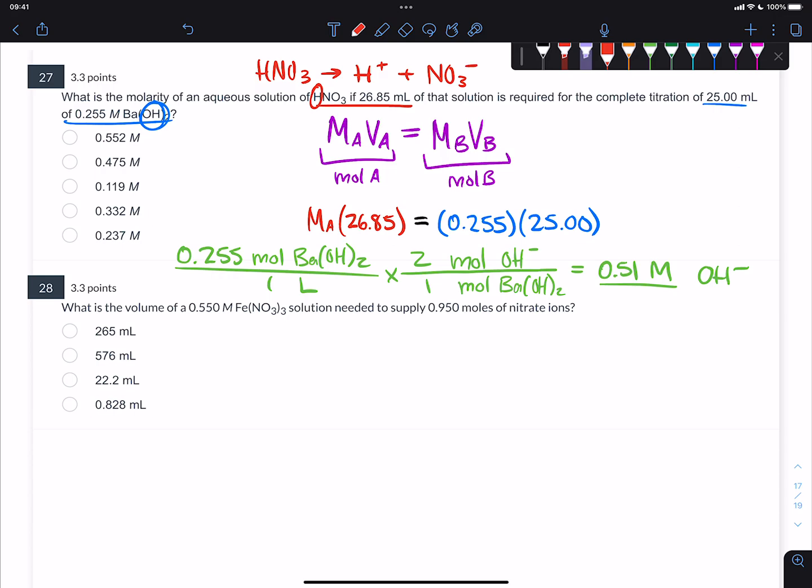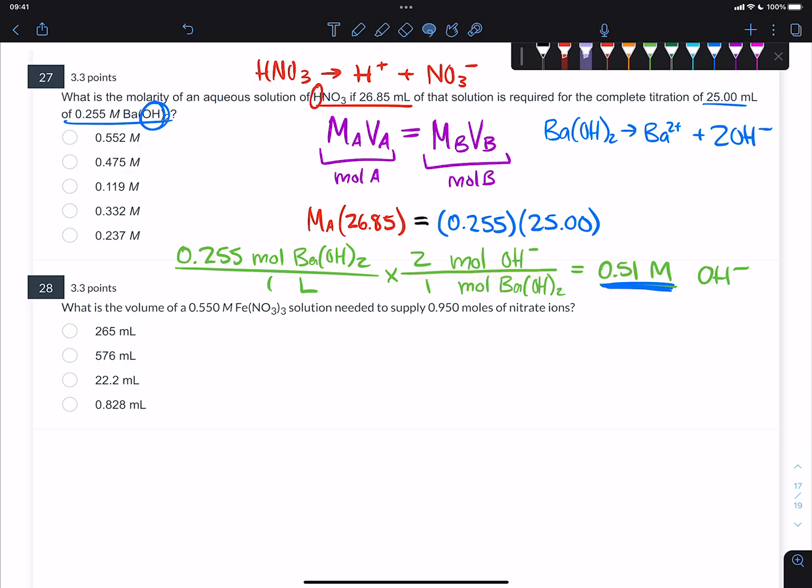But thinking about what happens for the dissociation of barium hydroxide, a barium hydroxide becomes a barium, which is 2 plus, and 2 moles of hydroxide, which we actually are expressing here because we set it right there. All that to say, you need to use this number in your titration. It's going to take twice as much nitrate to neutralize every 1 mole of barium hydroxide, because think about the fact that every mole of barium hydroxide has twice the number of hydroxides.